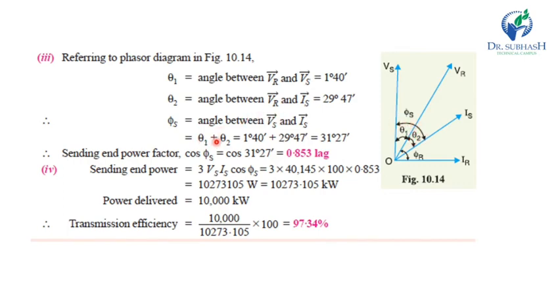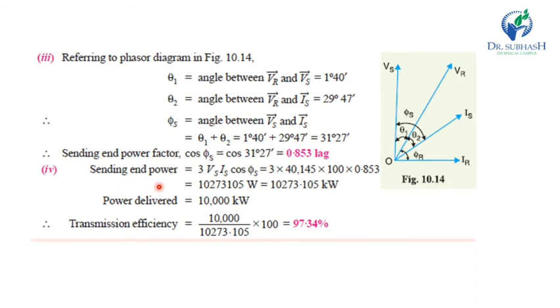So theta 1 plus theta 2 is equal to 31 degree and 27 minute, which is the power factor angle of sending end. So the sending end power factor is equal to cos phi s. Put the value of the angle here and we get 0.853 lagging.